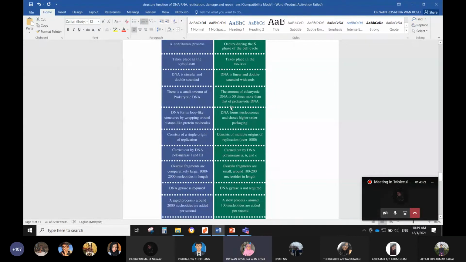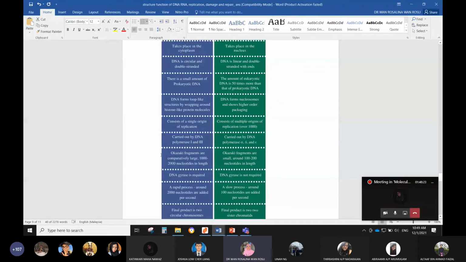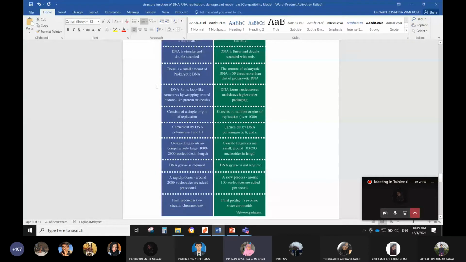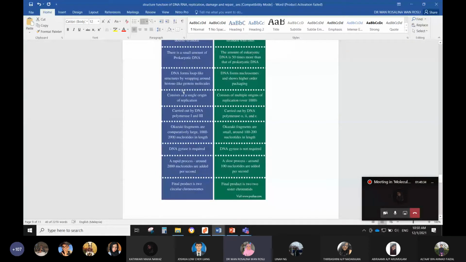There is a small amount of prokaryotic DNA, much less than eukaryotic DNA. There is no packaging in the prokaryote DNA, but for eukaryotes, it is packaged into your genome.